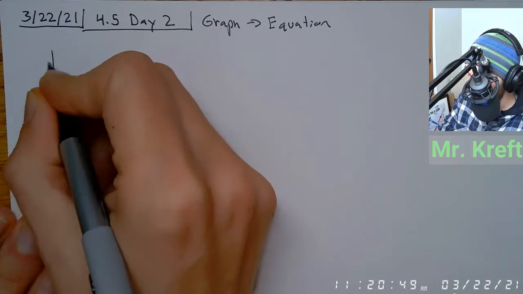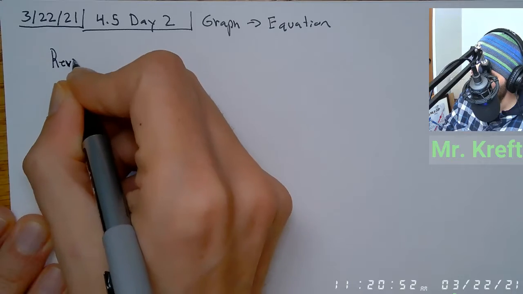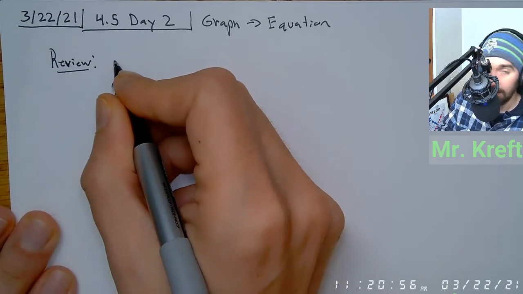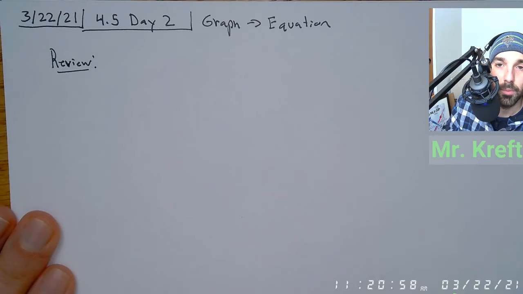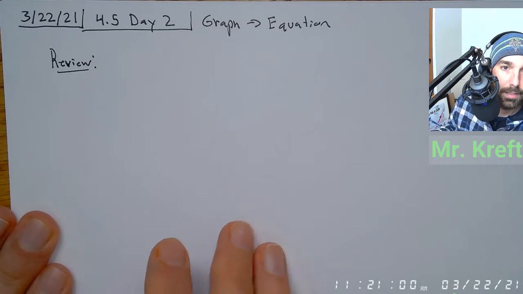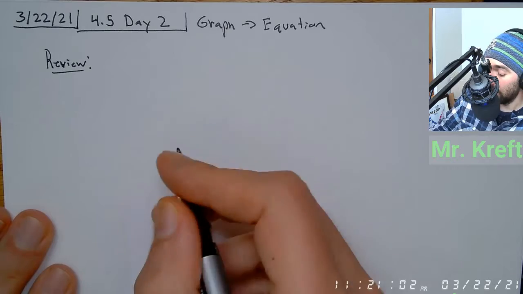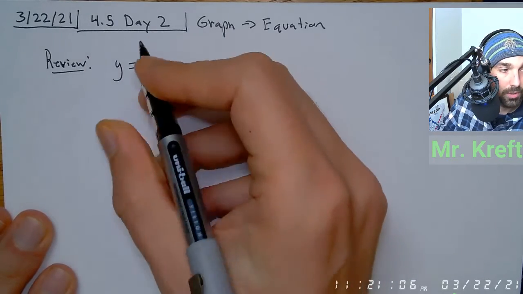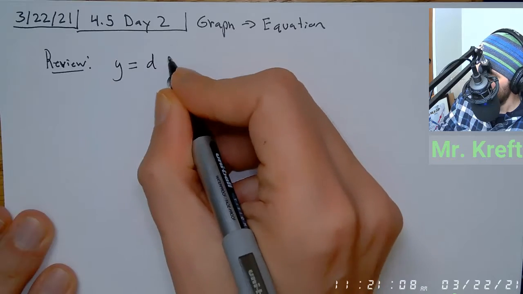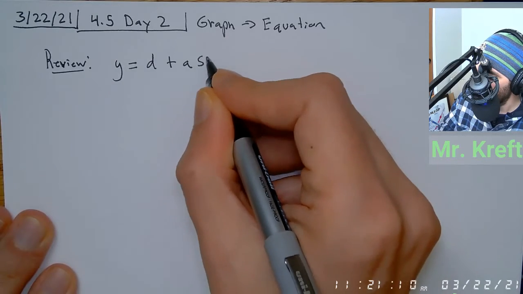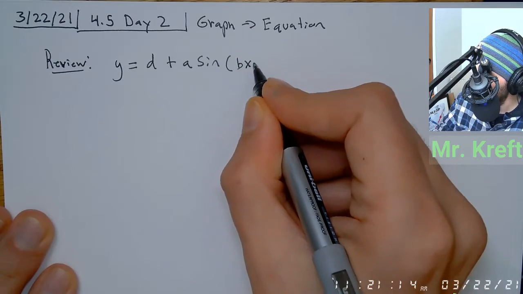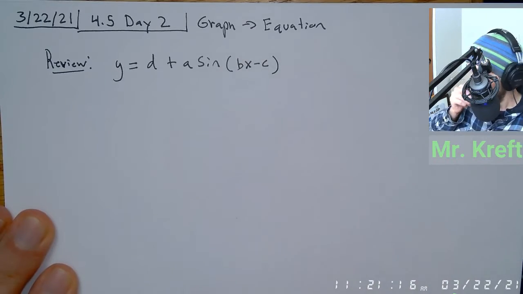Let's review really quickly what we did last class. Last class we talked about the standard format for a trigonometric or sinusoidal equation: y equals d plus a times sine of the quantity bx minus c.